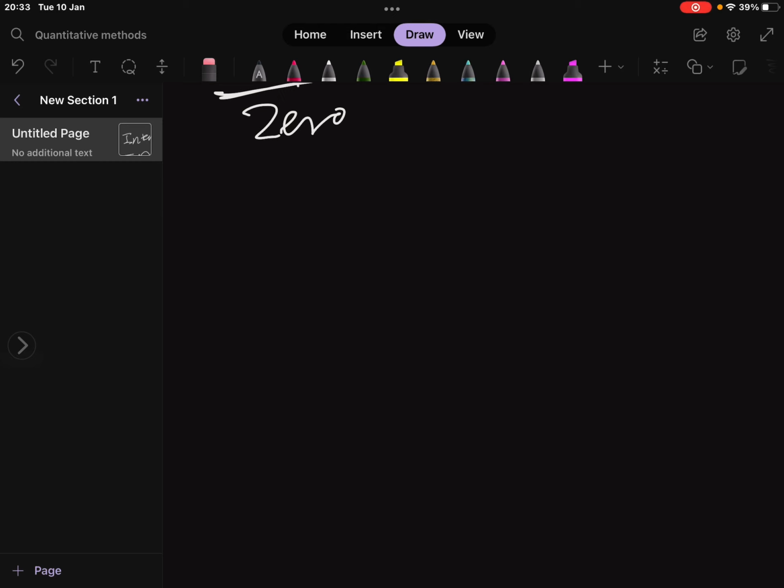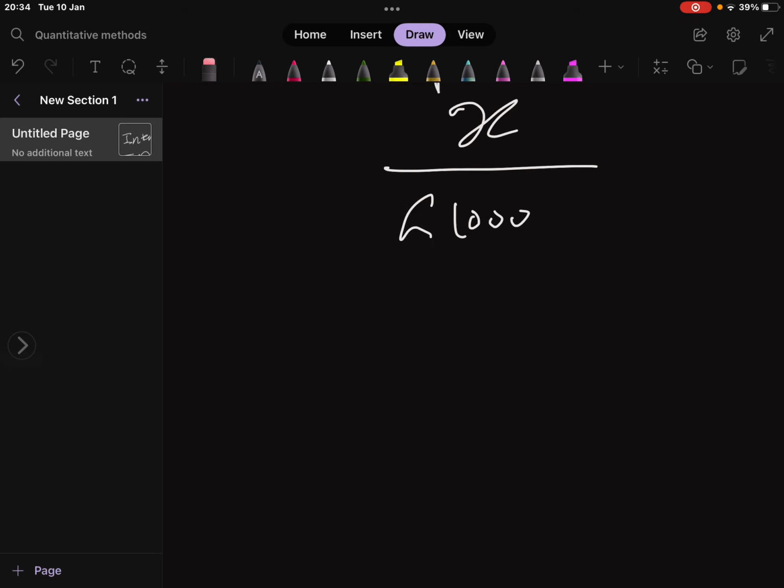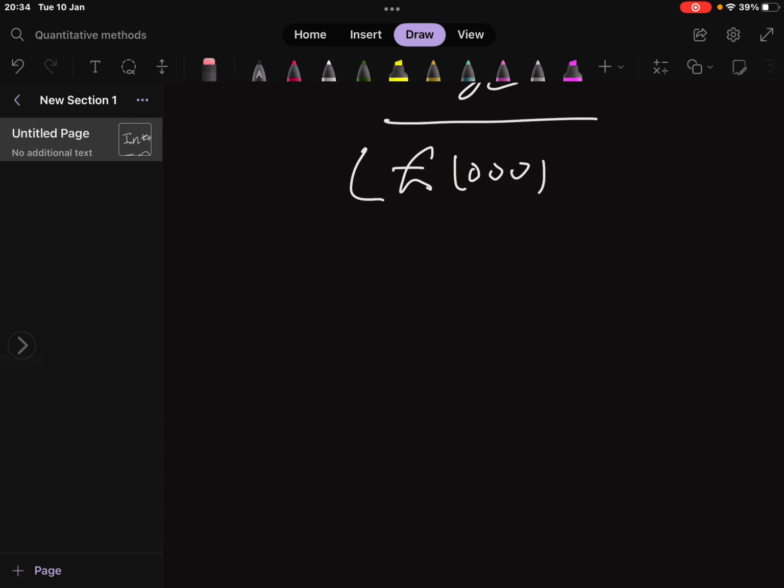Now assume we have a project called project X. It has an initial investment of £1,000, and for sure that would be negative, and it will result in cash flows of 500 for year one.